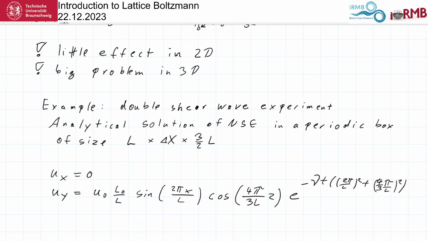Okay, so this is how this decays, and the velocity in Z direction is also 0.